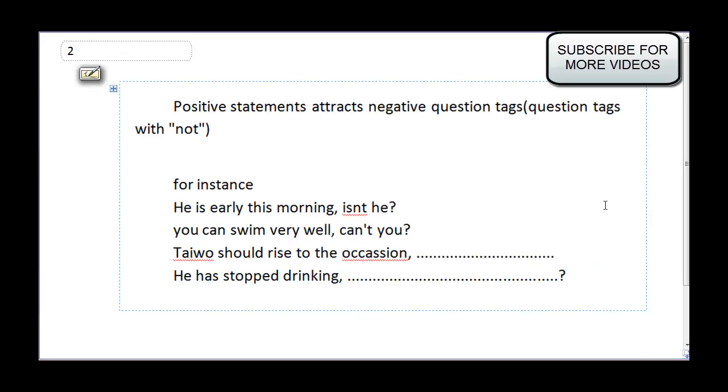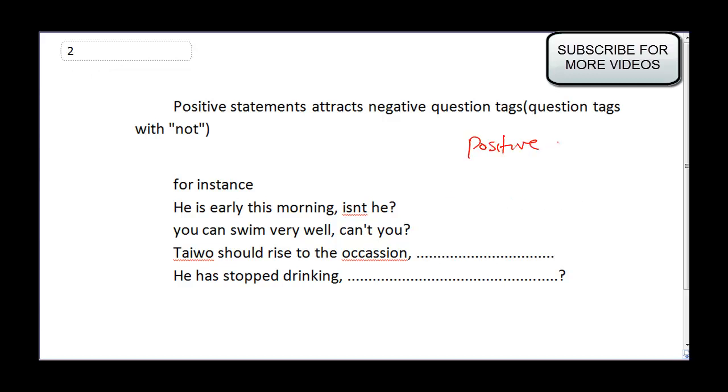Okay, so the positive statement. Recall we talked about question tags having two types of statements, the positive and the negative. Now, when treating the positive statements, always know that the positive statements attract what? Negative question tags. Let me just state it: positive will attract negative tags.